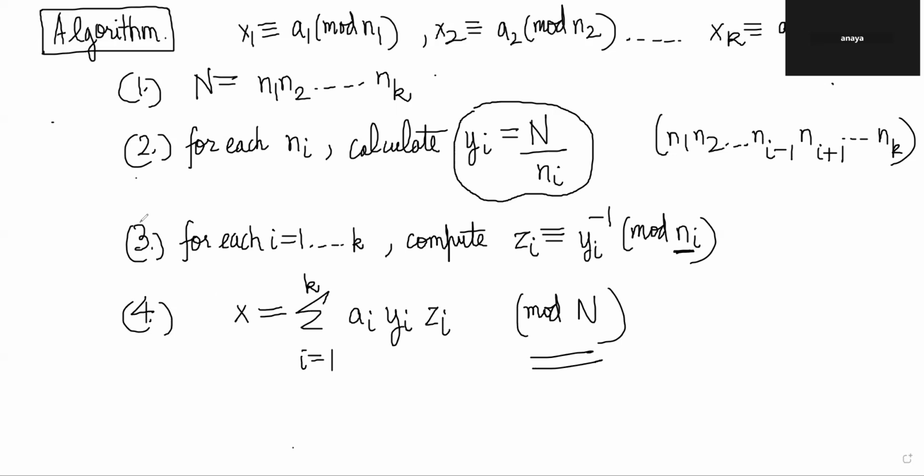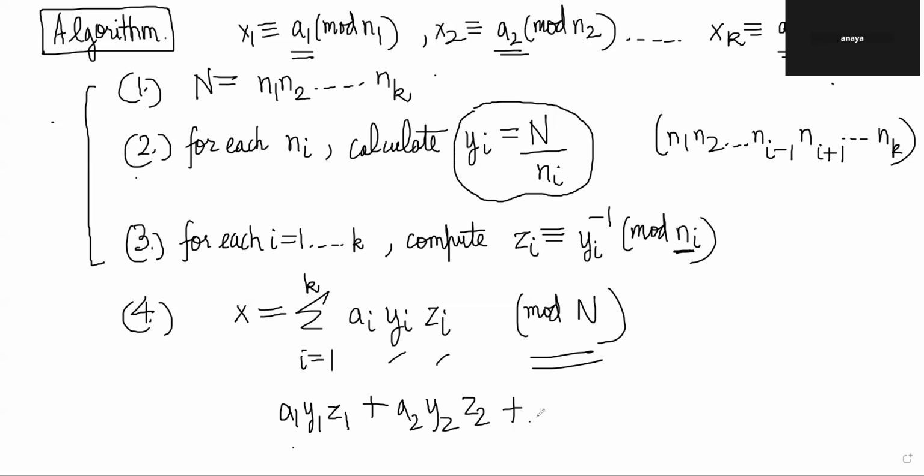So if you have followed the first 3 steps, you already know all the Yi's and Zi's. And the Ai's are anyway given in the problem. So basically this is A1 Y1 Z1 plus A2 Y2 Z2 and so on. You have to add till Ak Yk Zk, and this answer modulo capital N is your answer.